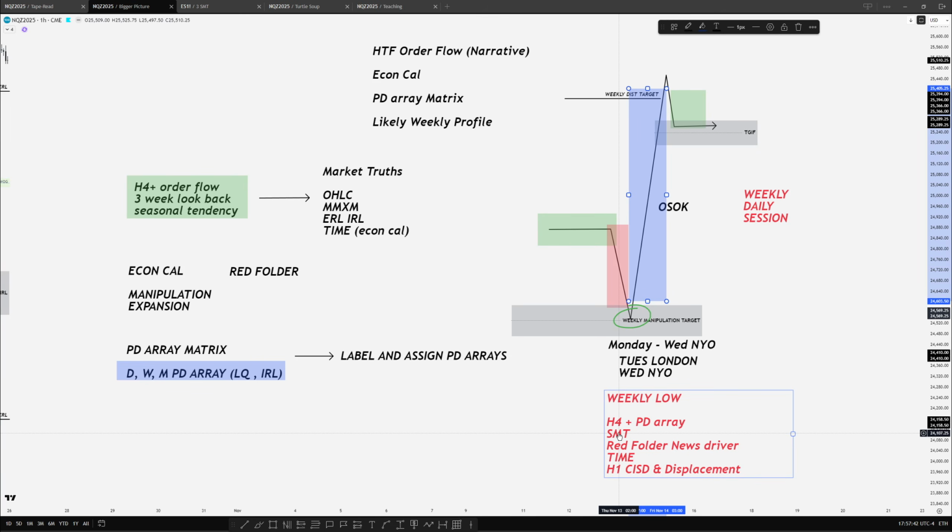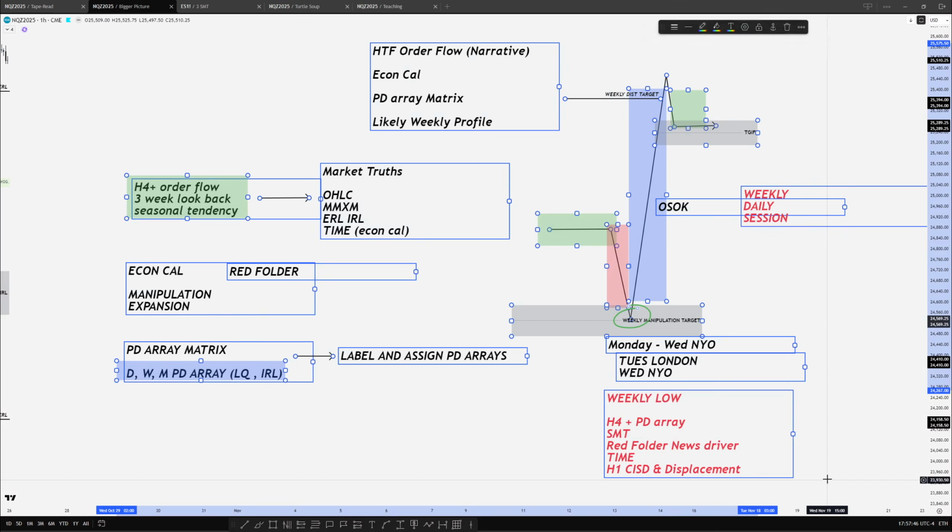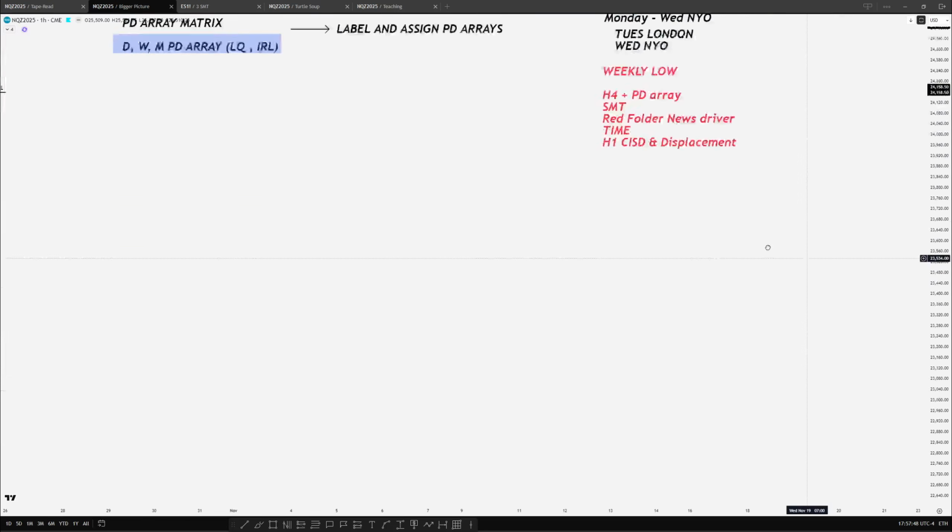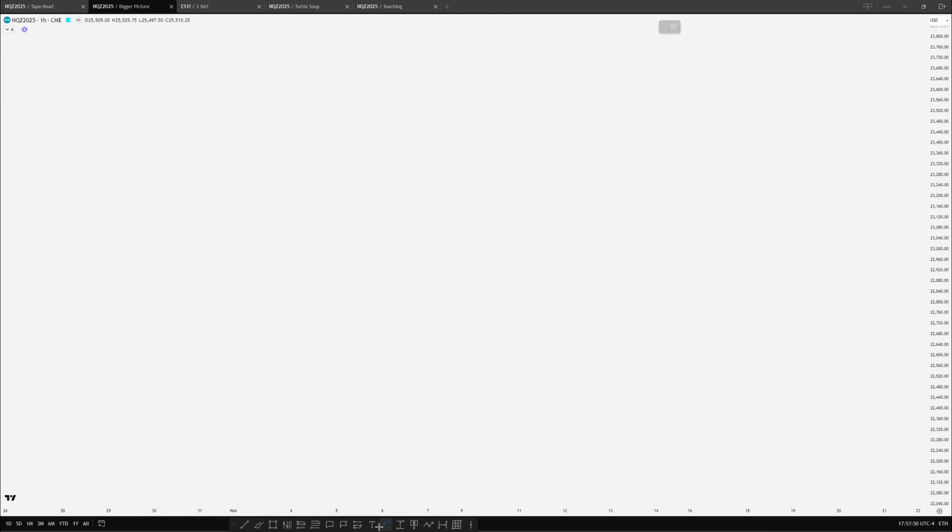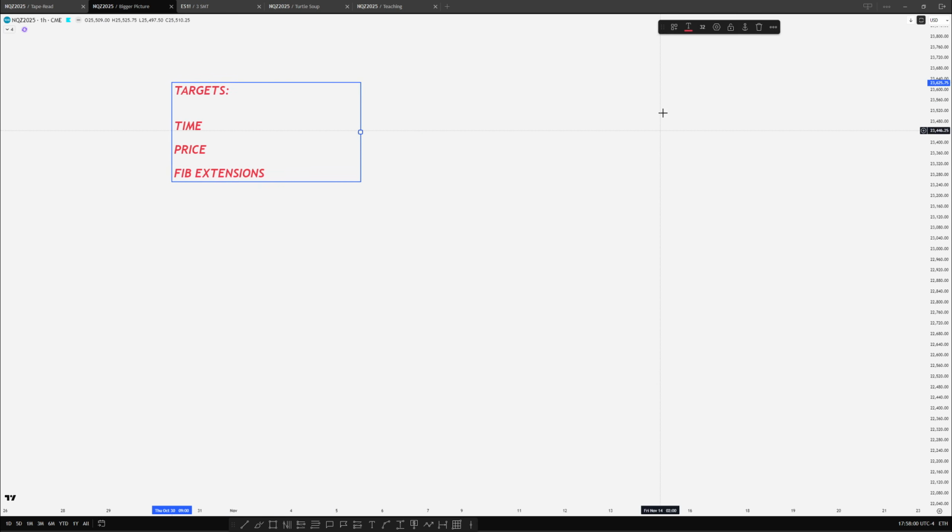So now we can start to look for targets. I'm going to delete this for now. Actually, we'll go down. Targets: time, price, fib extensions. All right, pretty simple.